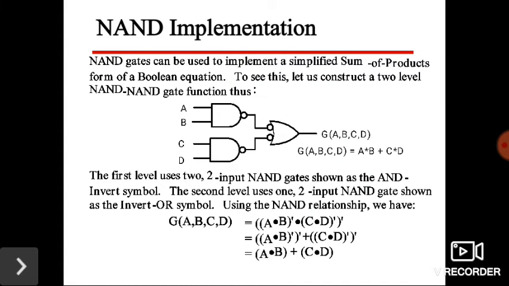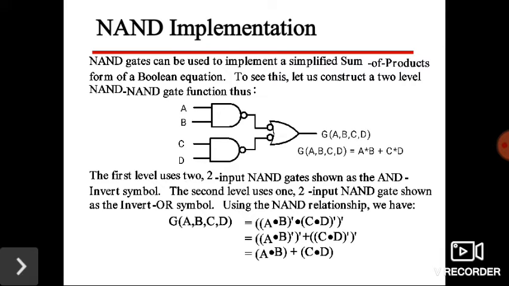Then NAND gates can be used to implement a simplified sum of products form of a Boolean equation. To see this, let us construct a two-level NAND to NAND gate function. Thus we will get this one. We have A, B, C, D, 4 inputs. The output is AB plus CD. So the first level uses two NAND gates, two-input NAND gates, known as the AND invert symbol.